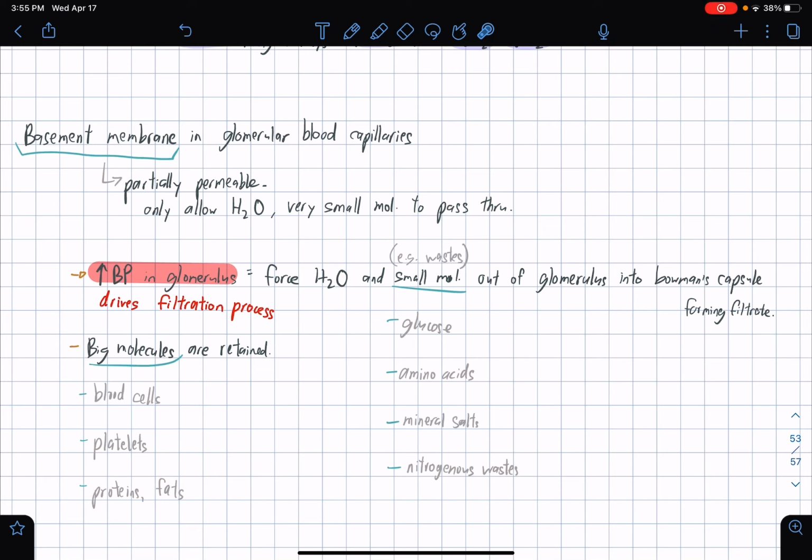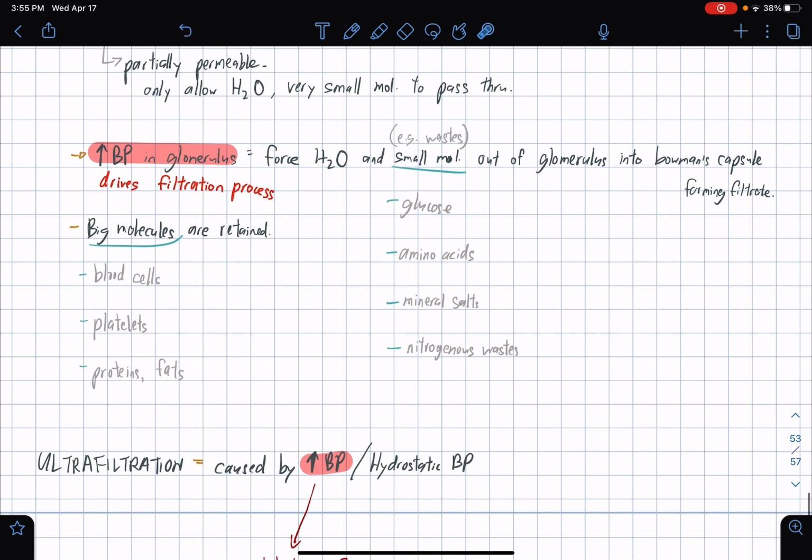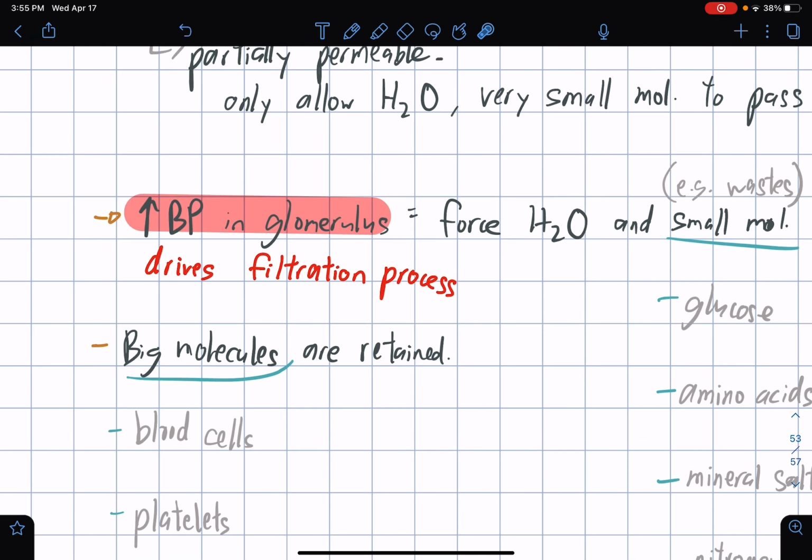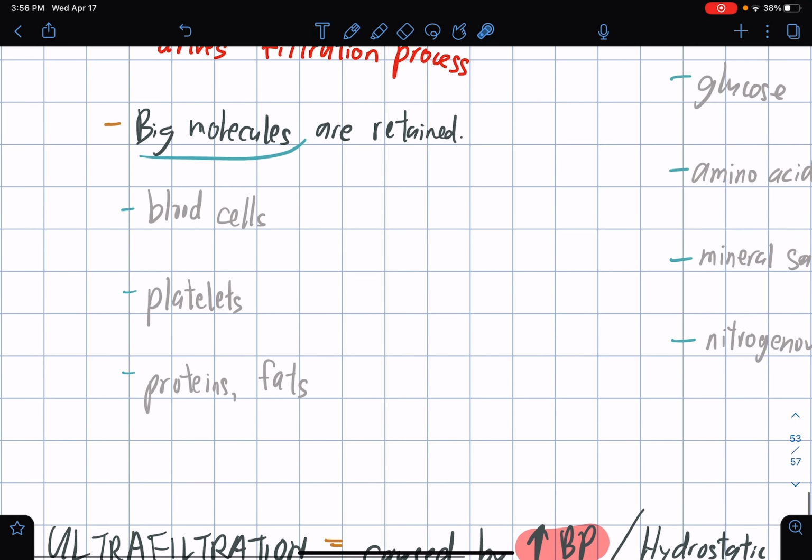So, a higher blood pressure in the glomerulus will eventually force the H2O and small molecules out of the glomerulus into the Bowman's capsule, forming the filtrate. So the high blood pressure in the glomerulus is responsible for driving the filtration process. And big molecules are retained.